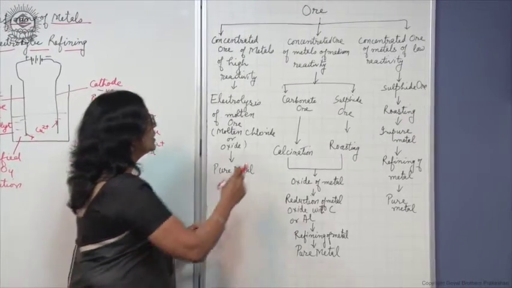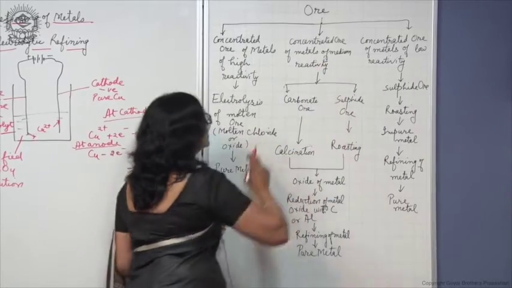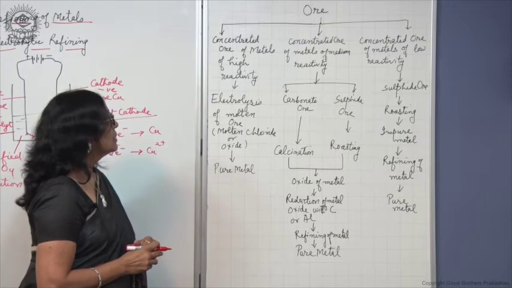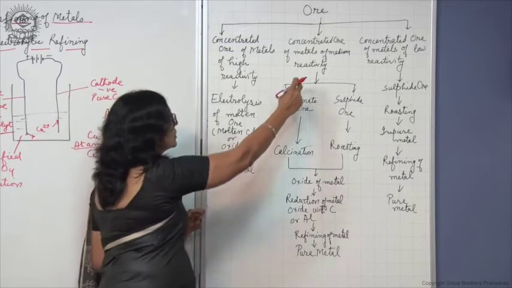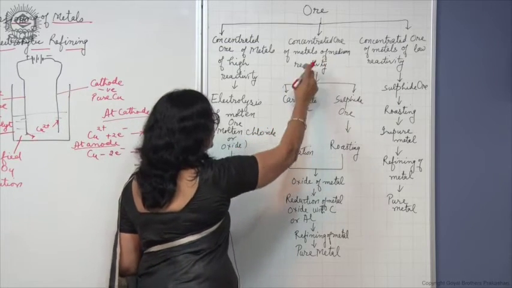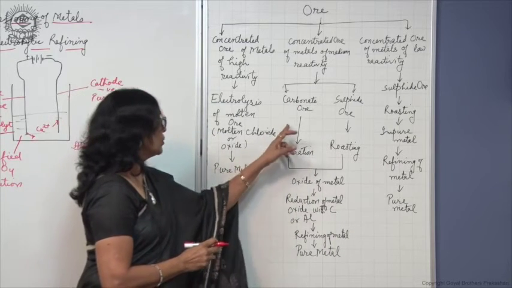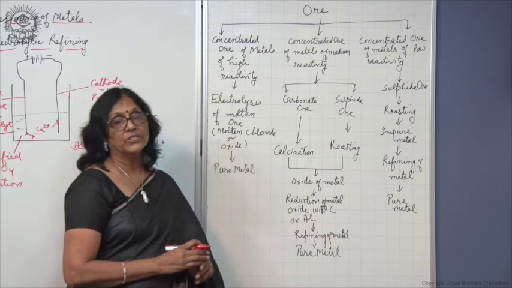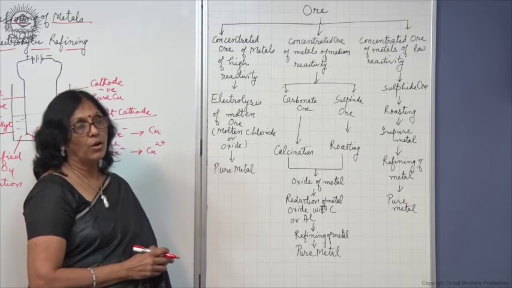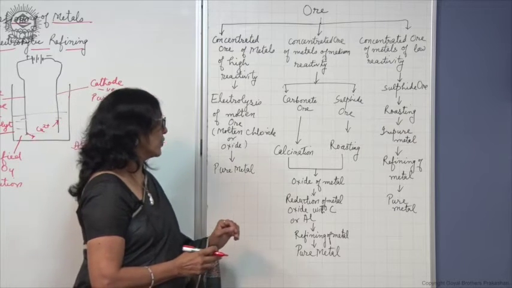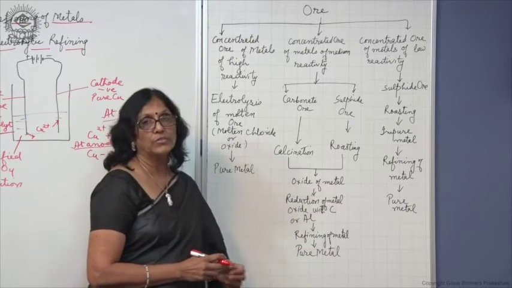Now, in the case of metals of medium reactivity, which lie in the middle of the reactivity series, these metals occur as carbonates or sulfides. In case of carbonate ore, calcination is done, that is heating of the carbonates in a limited supply of air to get the oxide of metal.